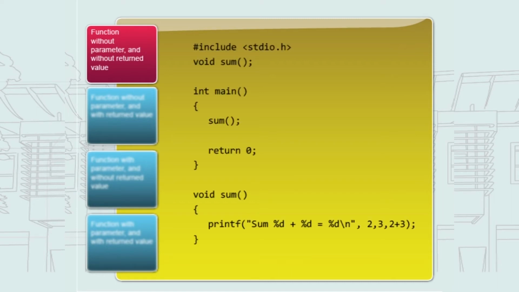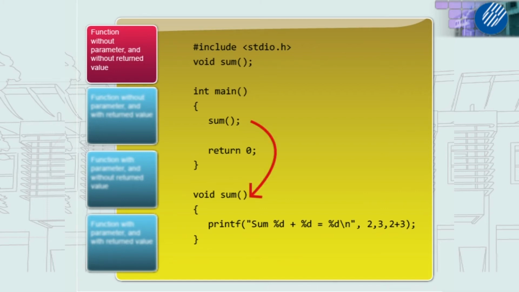We begin with a function that is called without parameter and with no return value. Take a look at the following partial program. Look at the function call named sum. To call a function named sum, you need to write the function name followed by empty brackets if there is no parameter to pass.